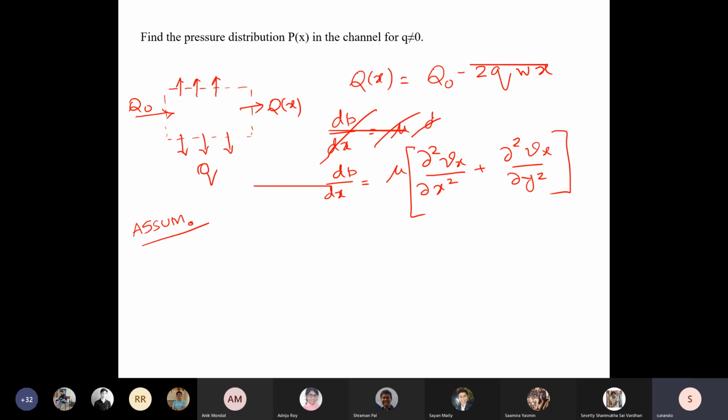Okay. So now you tell me the possible assumption which you can employ in order to make the first term small in comparison to the last term. What has to happen so that I can, as an approximation, drop the first term?